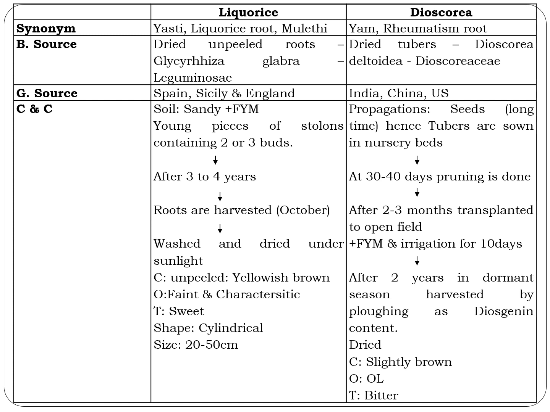After 2 to 3 months, it is transplanted to an open field, which should be rich in farmyard manure, and irrigation is carried out every 10 days. After 2 years, in the dormant season, the tubers are harvested as the diosgenin content will be very high, and then subjected to drying. The color is slightly brown, it is odorless, and the taste is bitter.